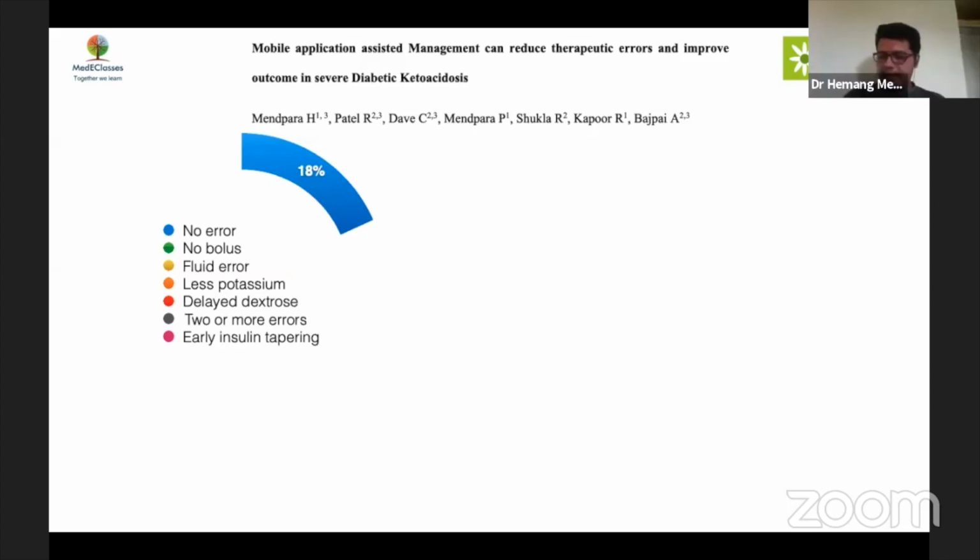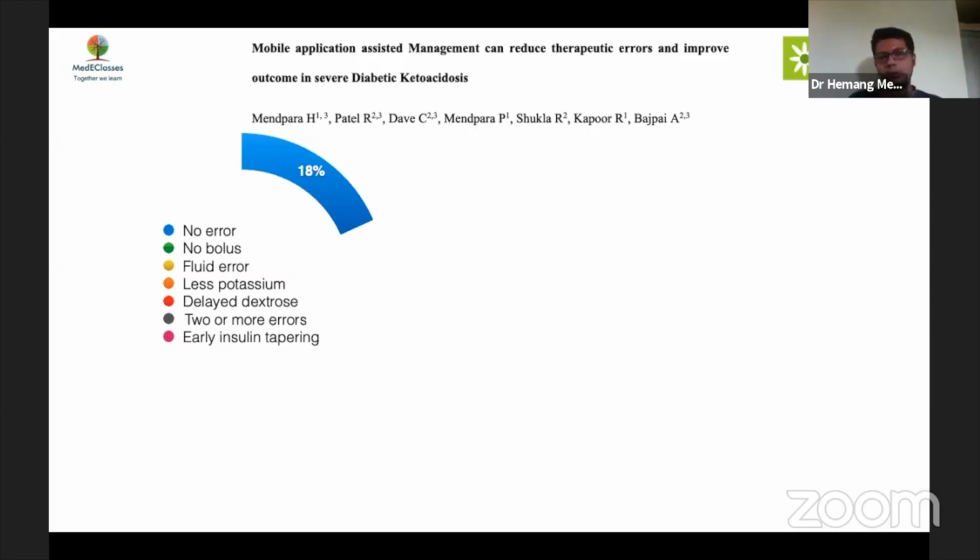Okay, sir. Actually, as a pediatric intensivist, I usually face diabetic ketoacidosis as one of the commonest pediatric endocrinology complications in my ICU, and I did a retrospective study to look at how common protocol deviation was and whether it has any impact on the outcome in terms of morbidity or mortality.